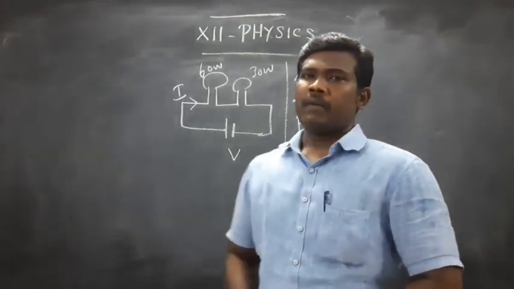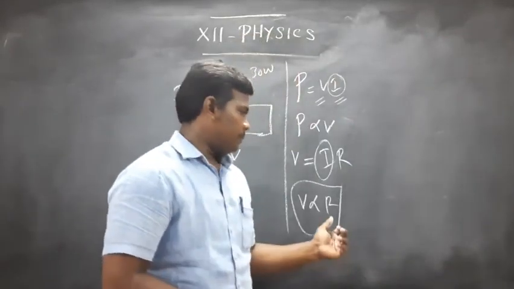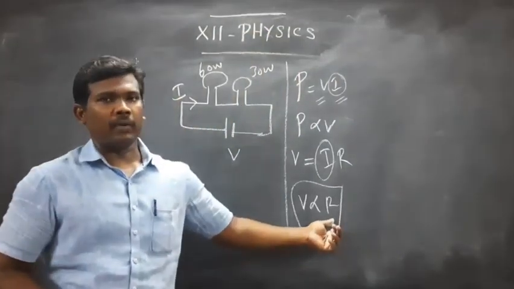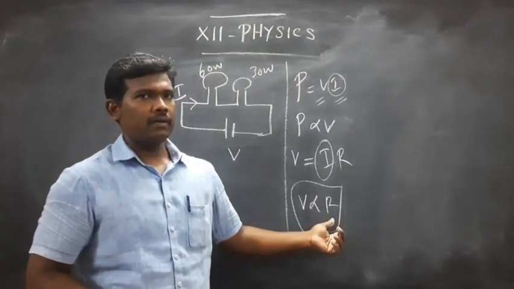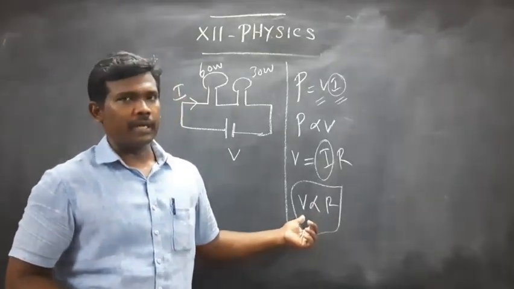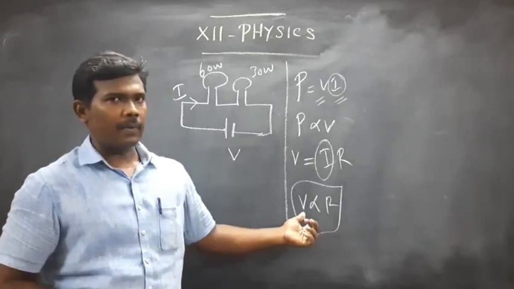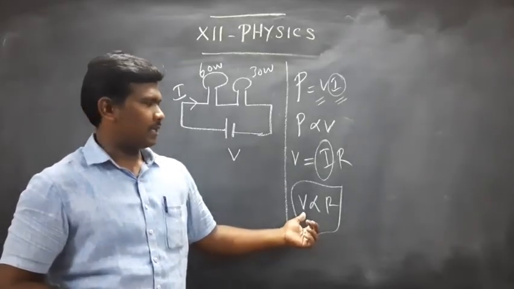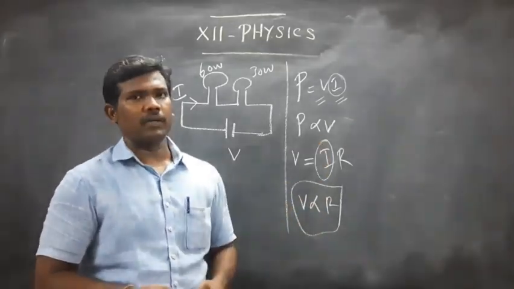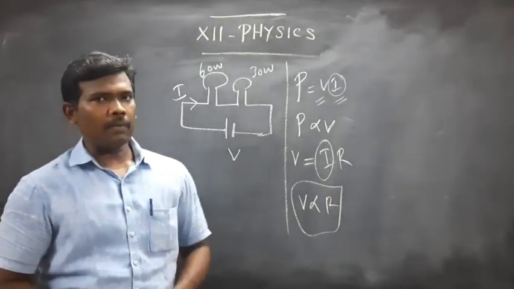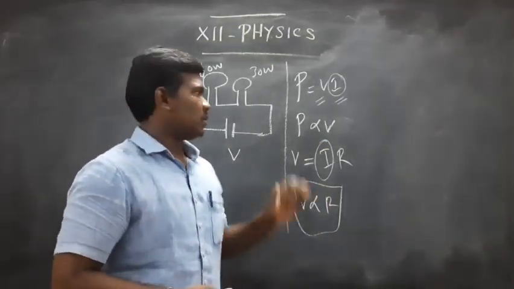From that we can make one thing clear. If the resistance of a particular bulb is greater, a greater potential difference is developed across it. If the potential difference is greater, the power is also greater, so that bulb glows brighter.